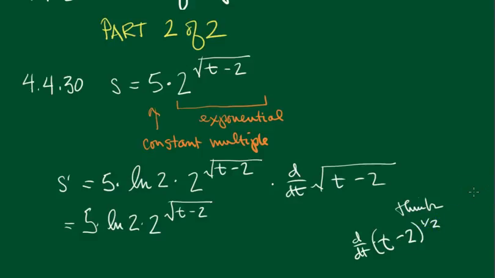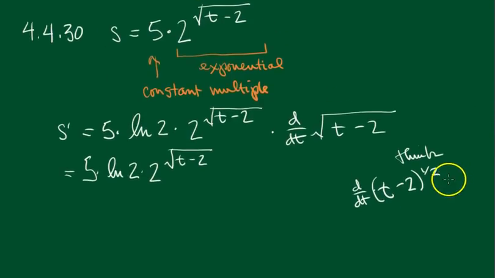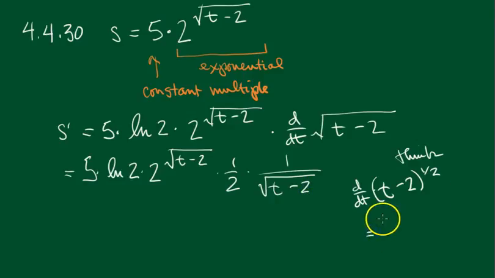So at this point, since we've been doing derivatives for a little while, we can think of that derivative as 1/2 times 1 over the square root of t minus 2. So that's 1/2 times t minus 2 to the negative 1/2.